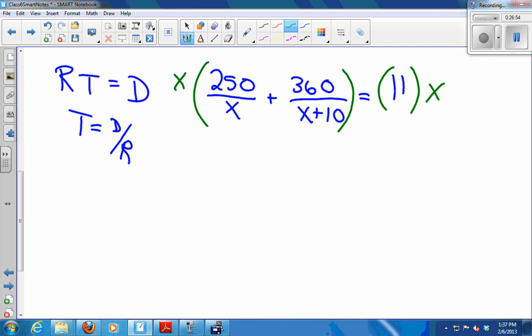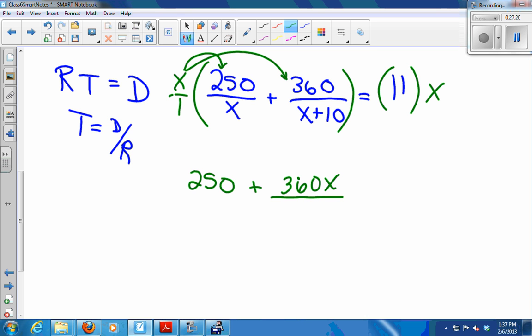When I do x times 250 over x, I get 250. Then I also have to distribute that x, multiply it to the other fraction, and that's like x over 1. When you multiply two fractions, you multiply the tops and you multiply the bottoms. So we have x times 360, which is 360x, divided by 1 times x plus 10, which is x plus 10. And on the right, I have 11x.